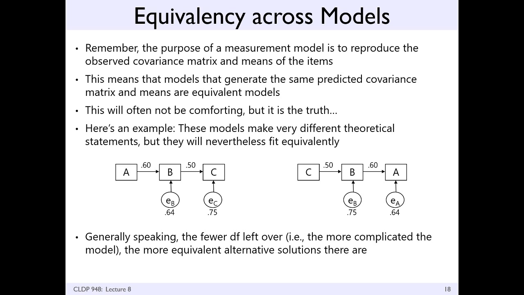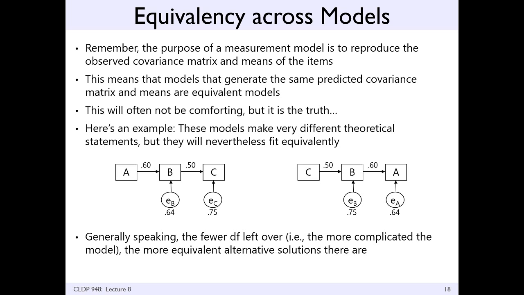Remember what fit is and what fit isn't. Fit means the model you've specified accurately describes the patterns of relationships in your data. So both models allow B and C to be related. Both models allow B and A to be related.